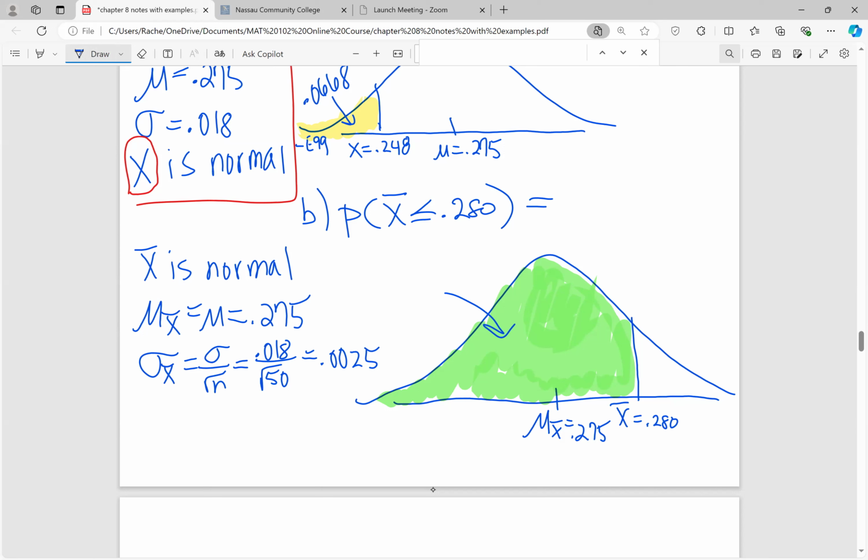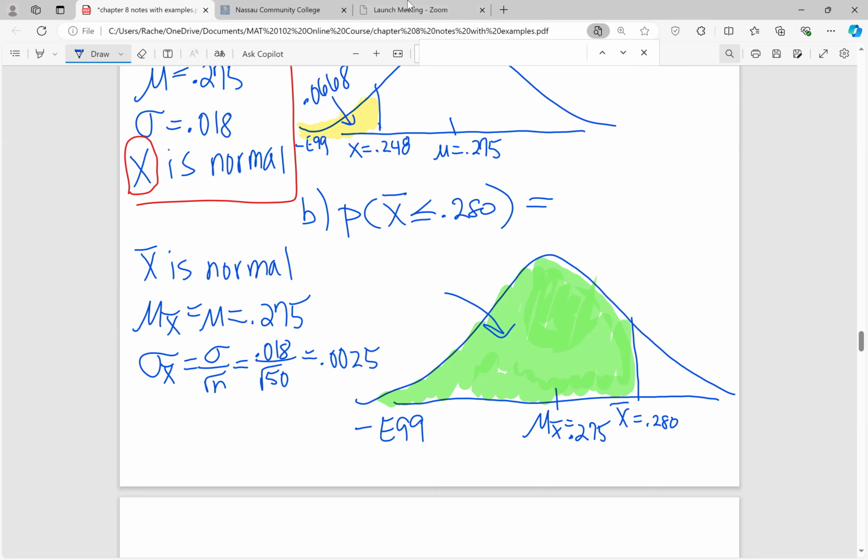We could still use normal CDF, just like we did in chapter 7. So we just have to plug in the parameters into our function in the calculator. Since we're coming in from the left, my lower bound is going to be negative E99. My upper bound is going to be 0.280. My mean is 0.275, and my standard error is 0.0025.